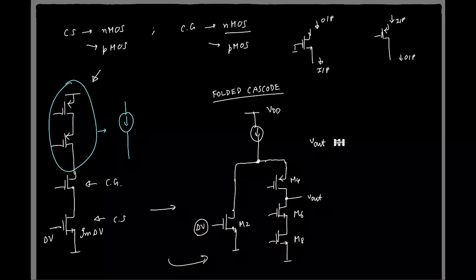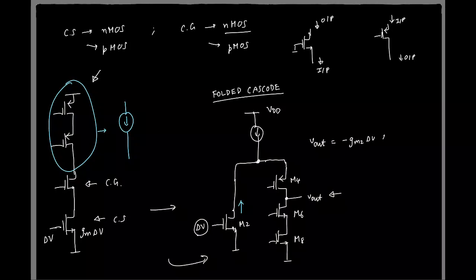How will you find it? What is the incremental current in the transistor here? So what is the current flowing up? Minus GM2 delta V, that basically has to flow into the output impedance here.